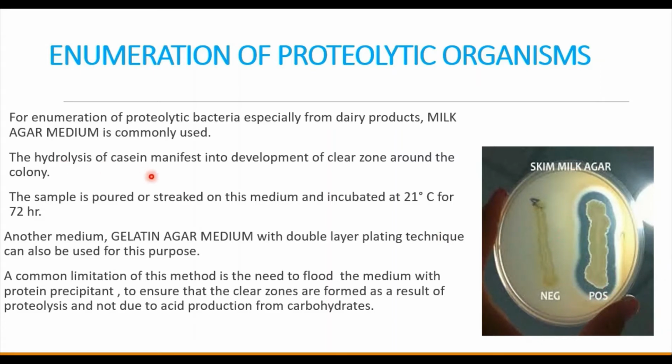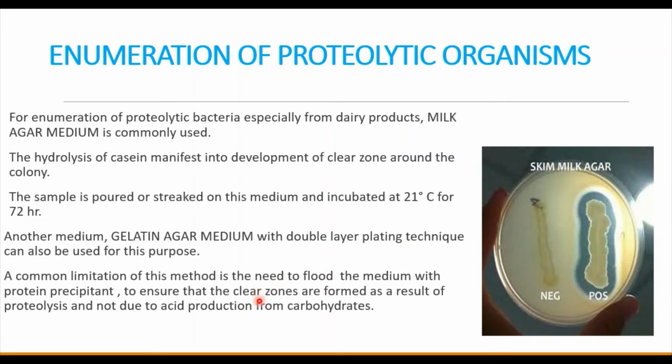The sample is streaked on the milk agar medium and incubated at 21 degrees centigrade for 72 hours. Other than milk agar medium, gelatin agar medium with a double layer plating technique can also be used for this purpose.